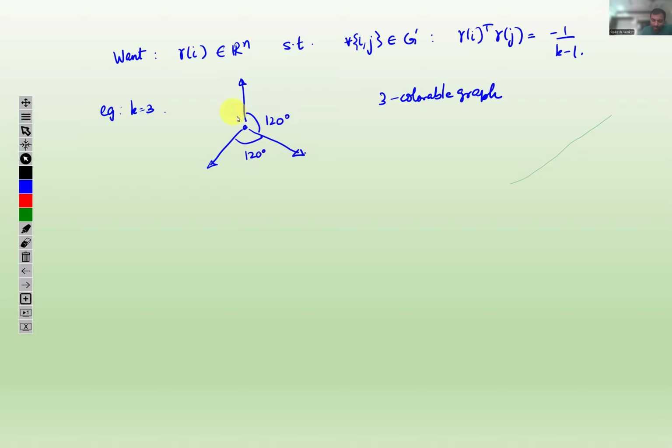I should not say 120 degrees, I just say 2 pi by 3, makes more sense. So these are my 3 vectors. I'll call them V1, V2, V3, and gamma of any vertex i is going to be equal to V chi of i.